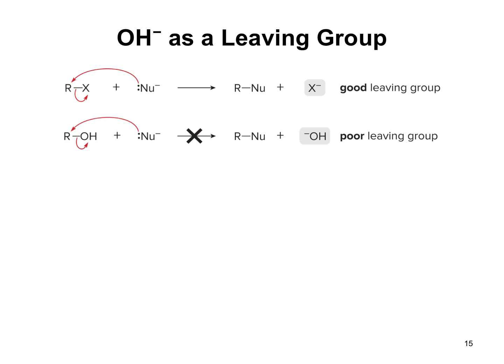Unlike alkyl halides, where in a substitution reaction the halogen is a really great leaving group, this OH is a pretty poor leaving group, okay? And so this reaction tends not to go. So what we do as scientists is we convert the OH into a better leaving group.